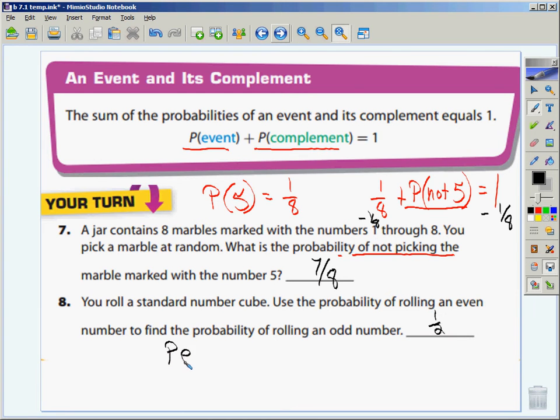Take the probability of rolling an even number, which we know to be 3 out of 6, or 1/2, and use that to find the probability of an odd number, which is not even. And again, algebraically, what would I do to get rid of the half? I'd subtract it. So you're always going to take 1 minus whatever the probability of that event is to find the probability of not that event, the complement of it.